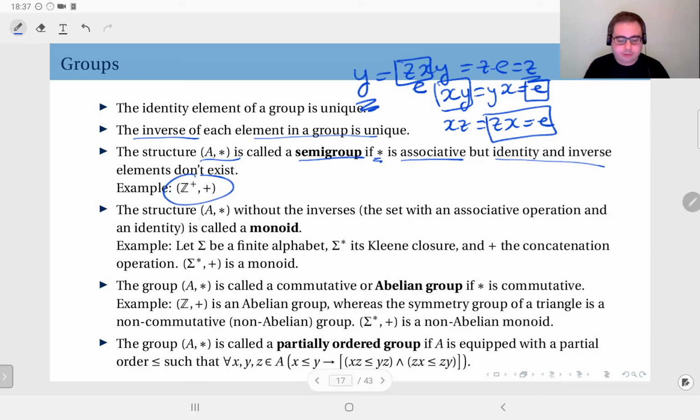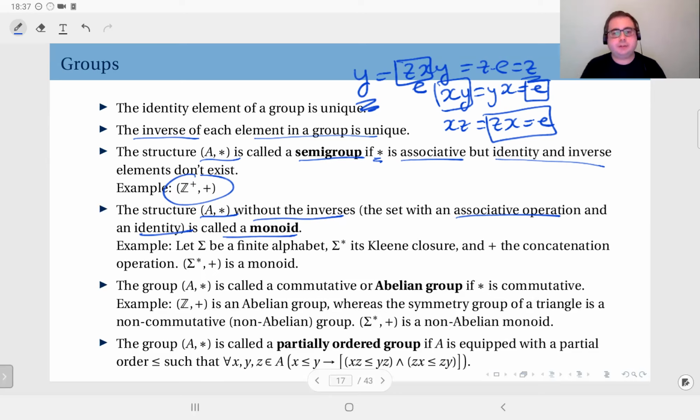On the other hand, the structure set A along with operation star without inverses is called a monoid. Now, what we have here is identity. We have associative property, associative operation, as well as identity element. So to a semigroup, if you add an identity element, what you get is a monoid.